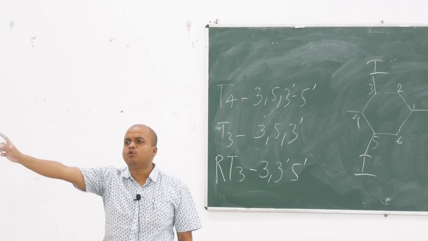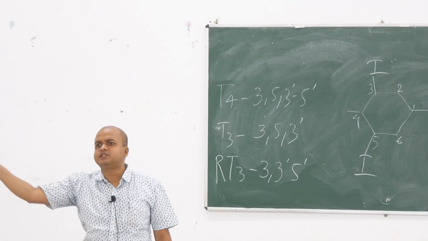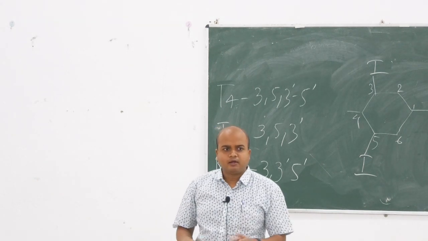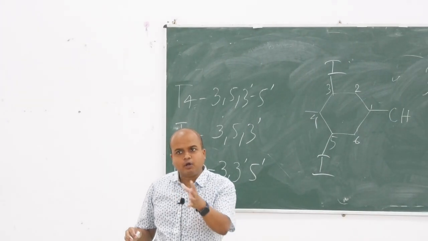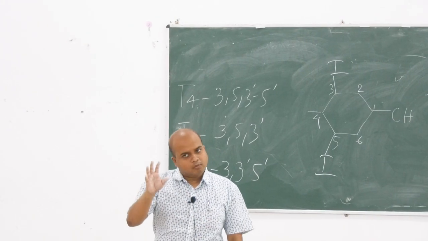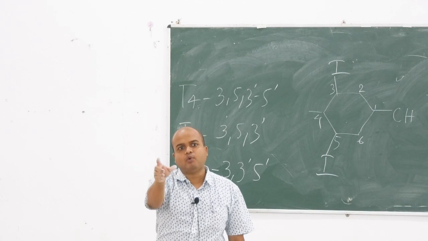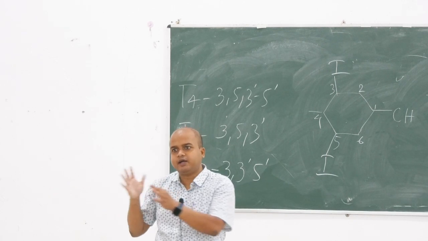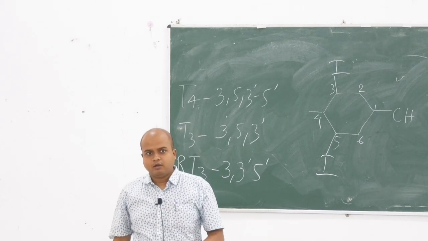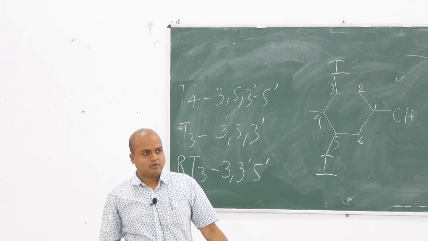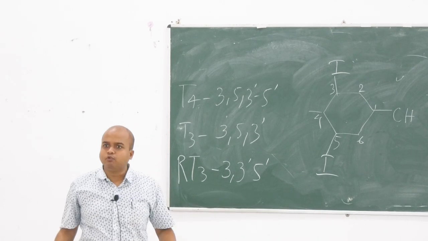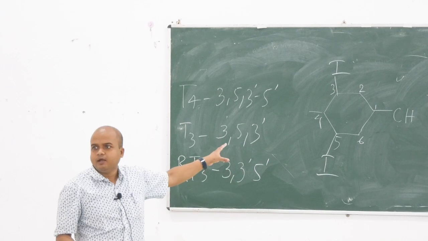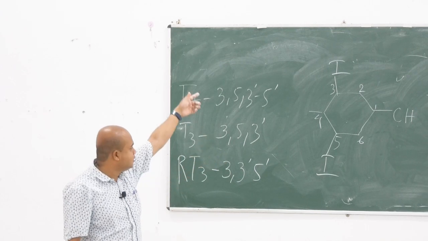One iodine will go and attach to the third position of the ring and another to the fifth position of the ring. Now some molecules will be just MIT, only one iodine attached. That is MIT, because all of these will be required. MIT will be required, DIT will be required, both for the formation of thyroid hormone. So few molecules are only attached to the third position, and few molecules of tyrosine are attached to both third and fifth position.